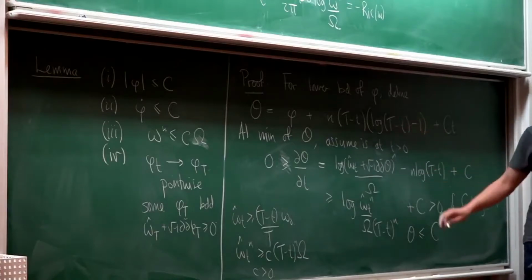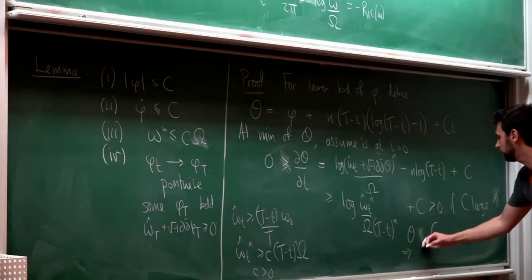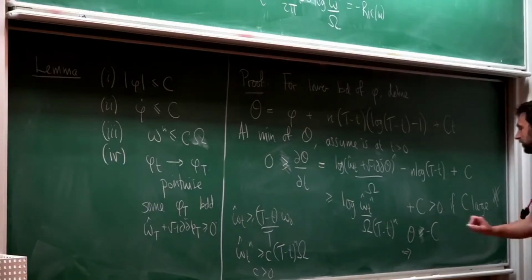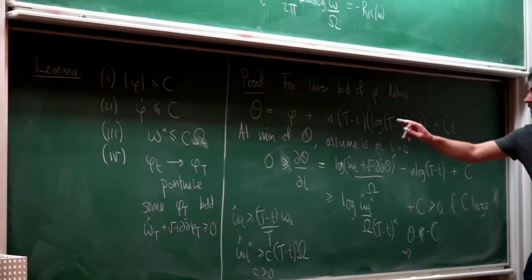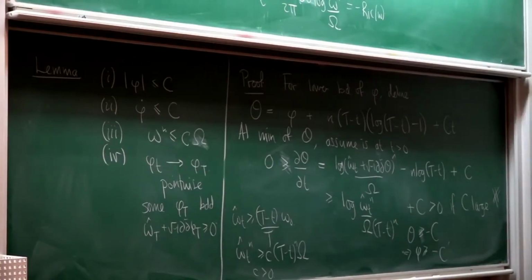It doesn't go to infinity. Theta is bounded below by its value at t is 0, and this value at t is 0 is just some constant, and that tells you that phi is bounded below by another constant, because this whole quantity is bounded.